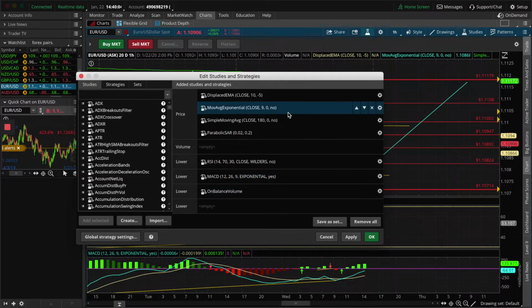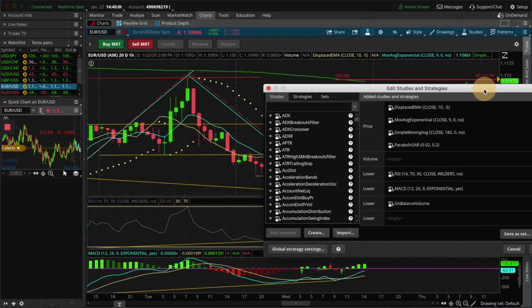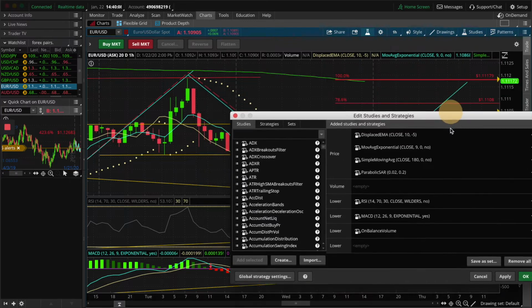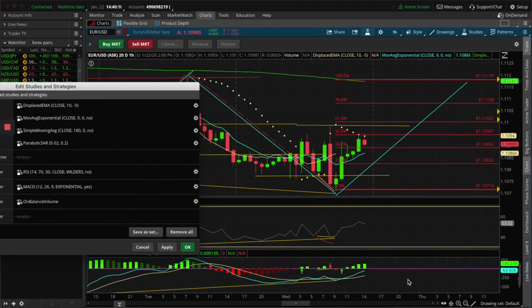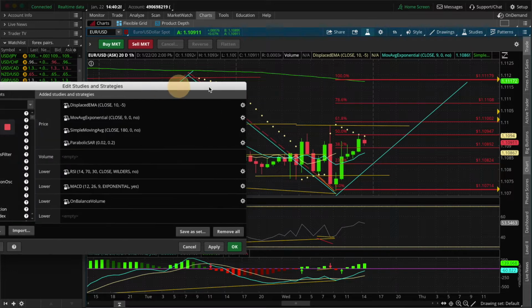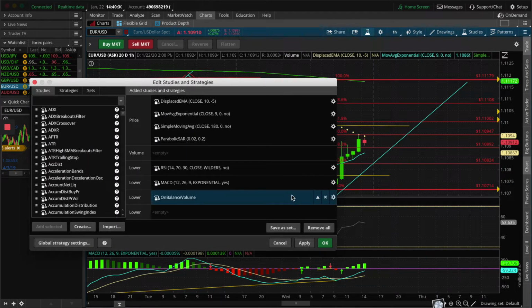Then you got your MACD, and your MACD is essentially showing you if things are overbought. So when you see it's kind of green, that's an indication that the pair or the stock or the option is overbought.